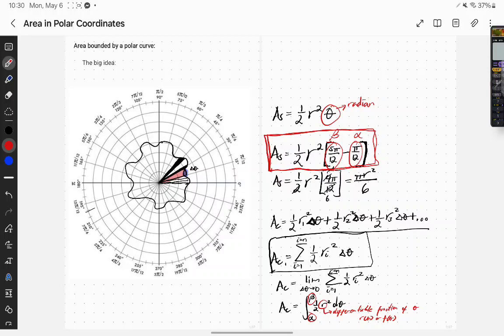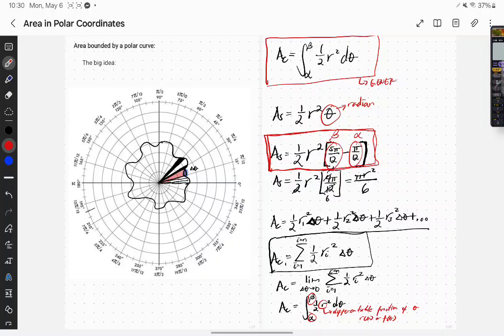In summary, the area of a polar curve is equal to the integral of 1/2 r squared d theta from alpha to beta. That is our general formula for area bounded by polar curves.